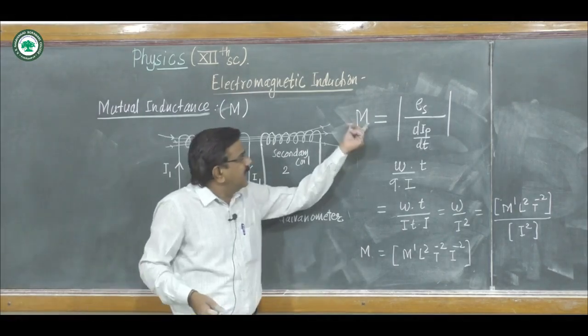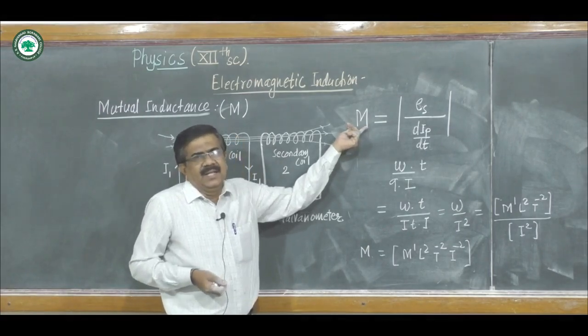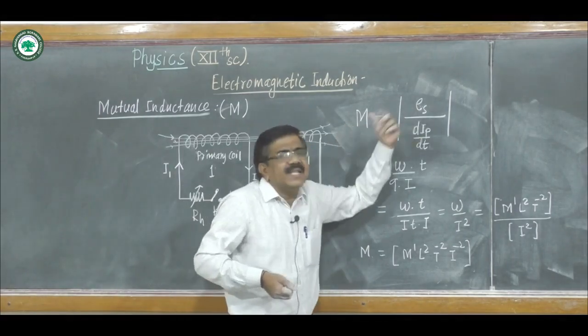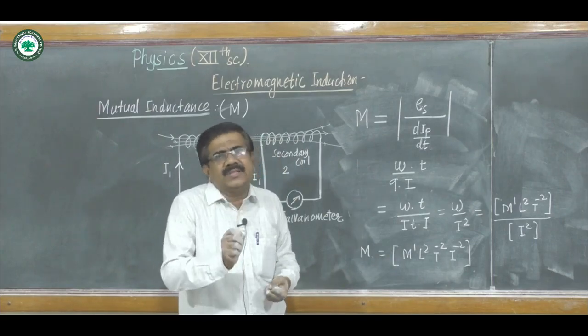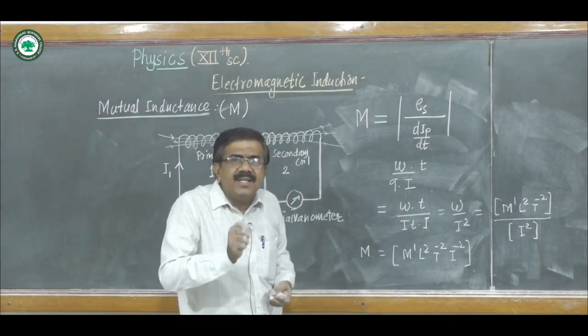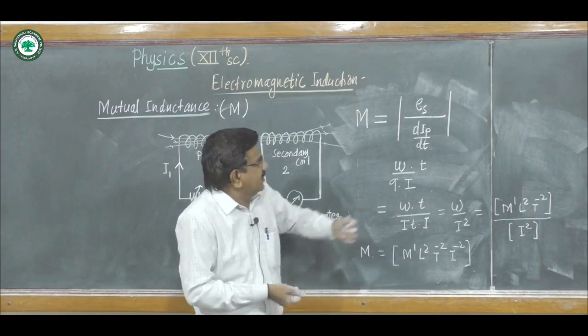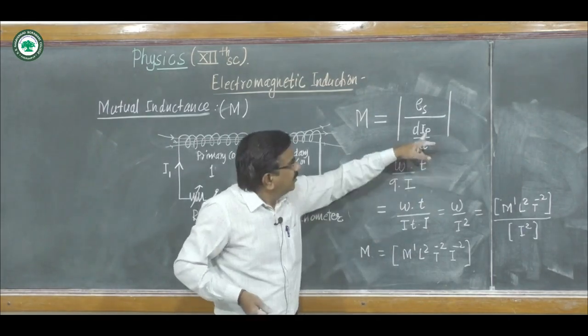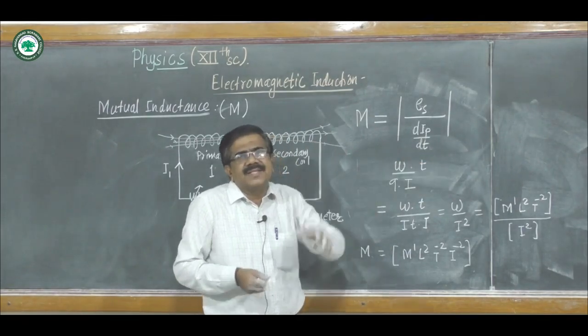Mutual inductance is said to be 1 Henry if EMF induced in the secondary is 1 volt when current in the primary changes at the rate of 1 ampere per second.